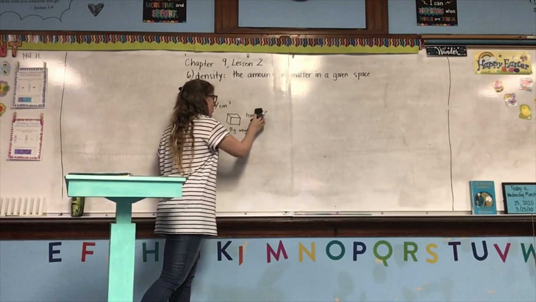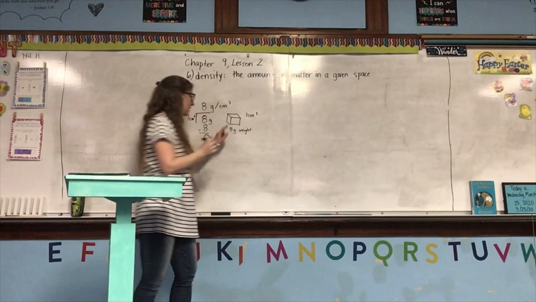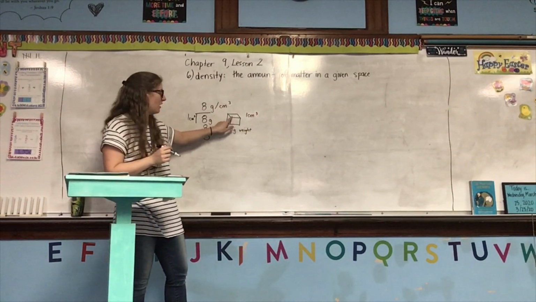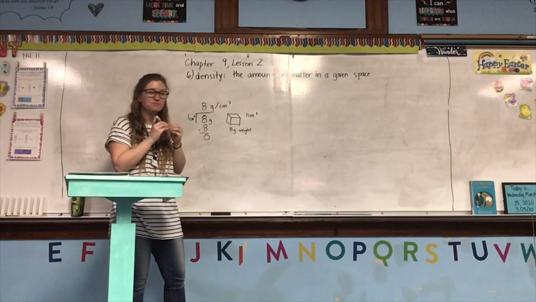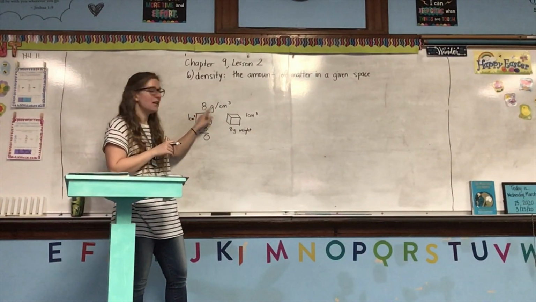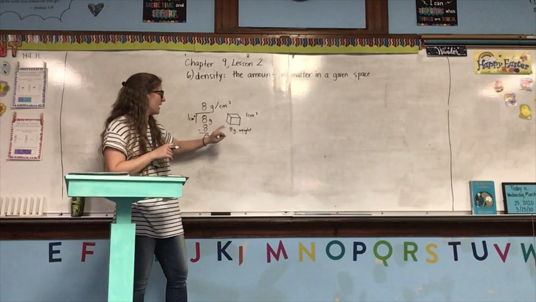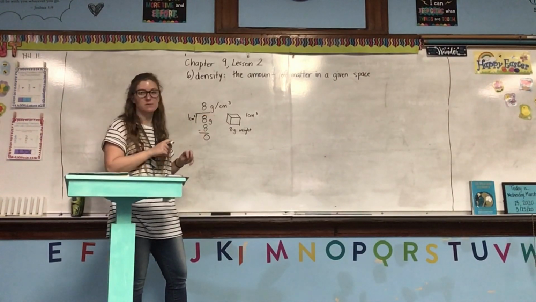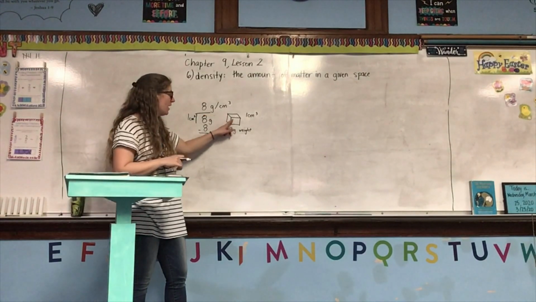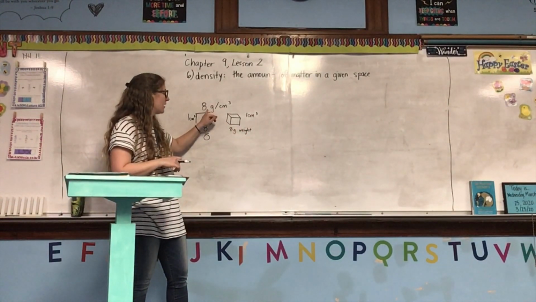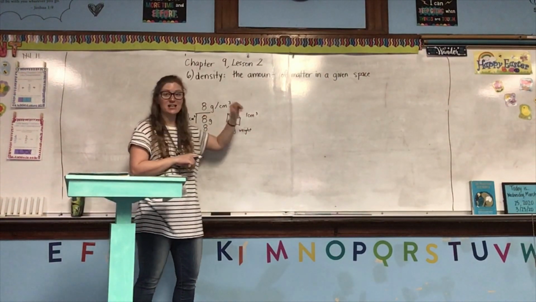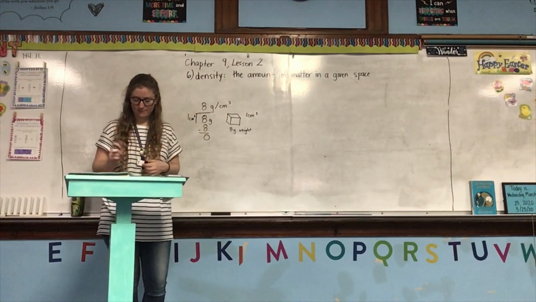Oops, I put square, but that's cubic centimeter. That means all of these sides are 1 centimeter. This shape right here has a density of 8 grams per cubic centimeter. So if you had a bunch of these, like 6 of them, and you wanted to figure out the density, you can multiply this by the number of cubes.